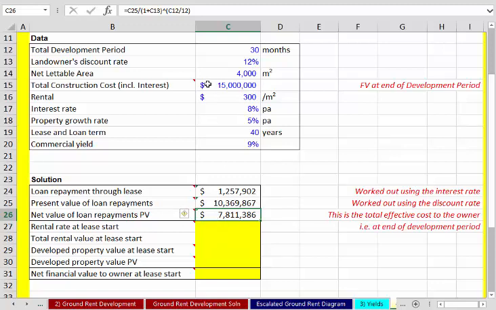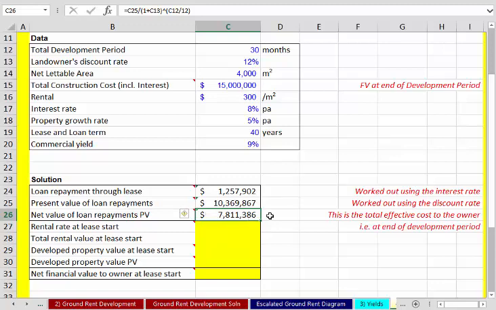What that means is the $15 million of construction costs that the landowner is going to see at month 30, by the time they go through the financing and so on, is only actually hurting them to the extent of $7.8 million in today's dollars to the landowner. And so it's quite profitable simply to do that from the landowner's point of view today, regardless of what else they do.